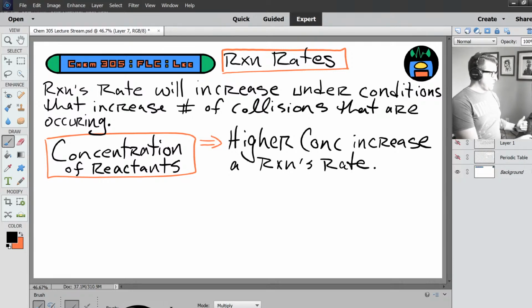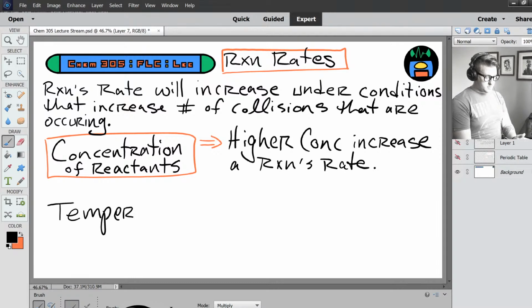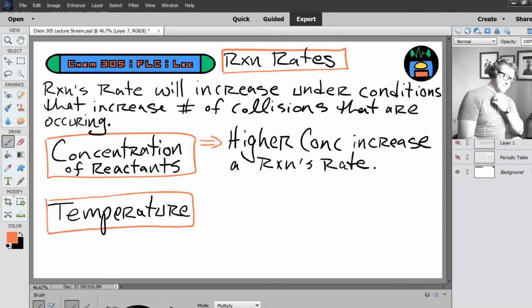All right, that's one factor. Another one is temperature. All right, temperature can affect a reaction's rate.